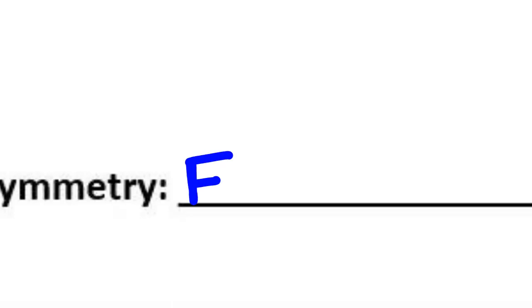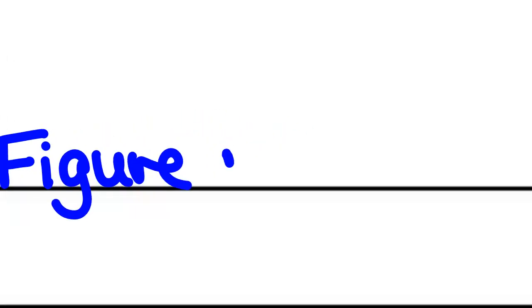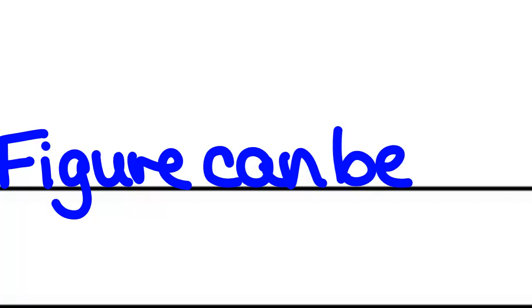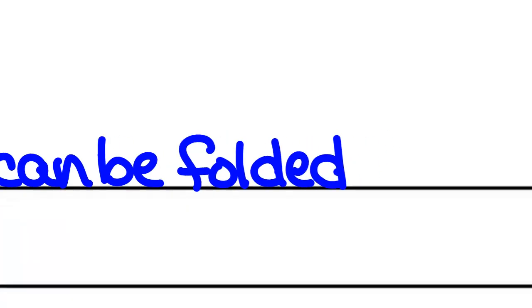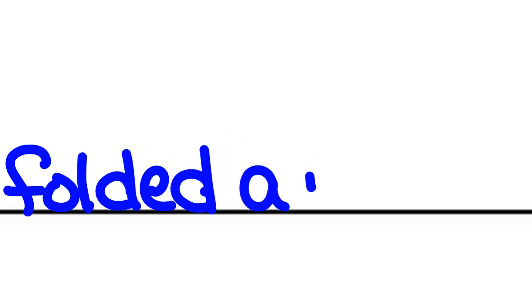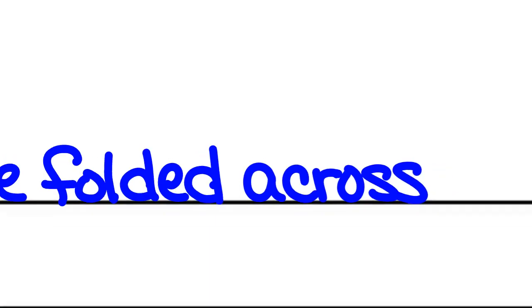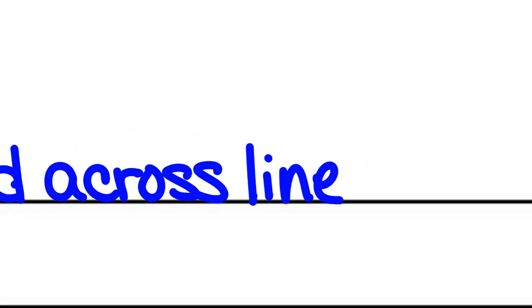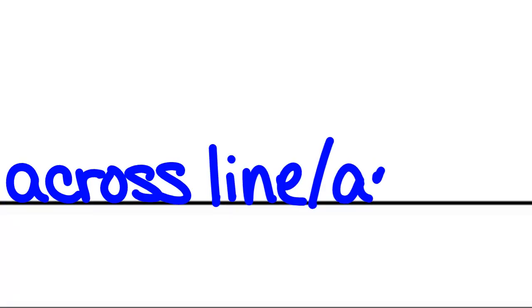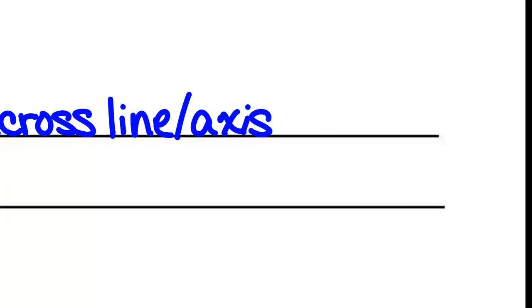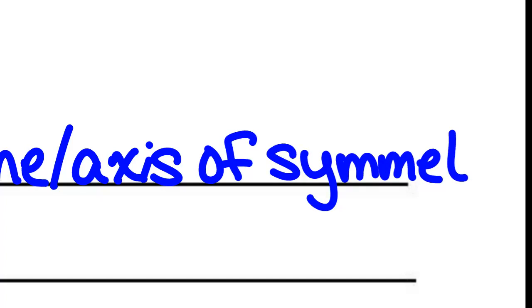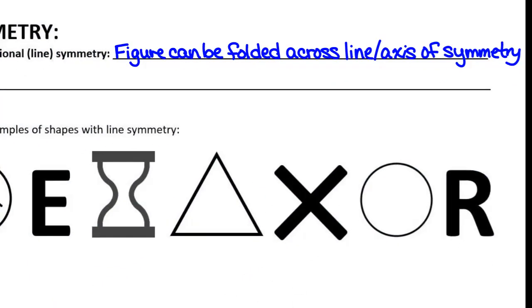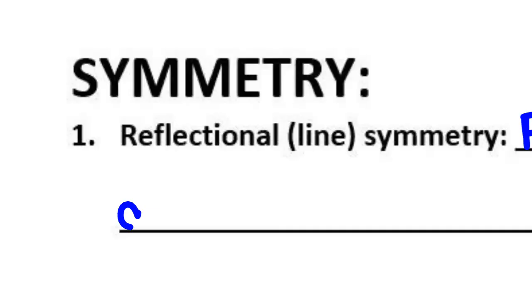If a figure has reflectional or line symmetry, then the figure can be folded across the line or axis of symmetry and be reflected onto itself.